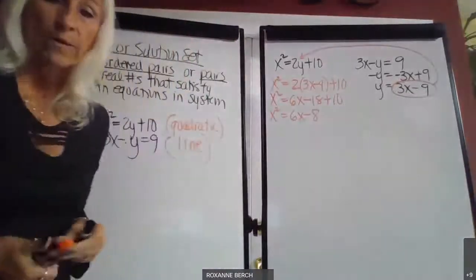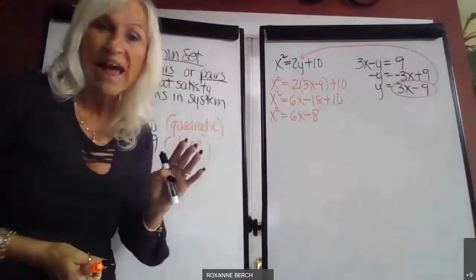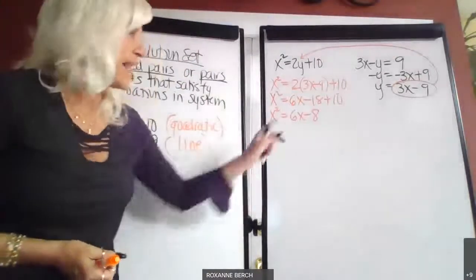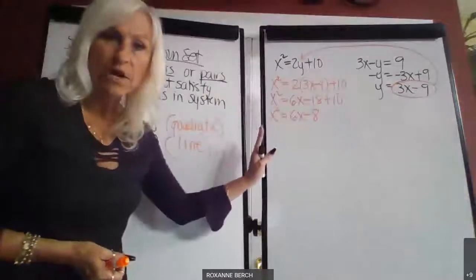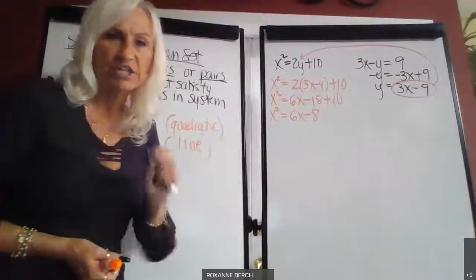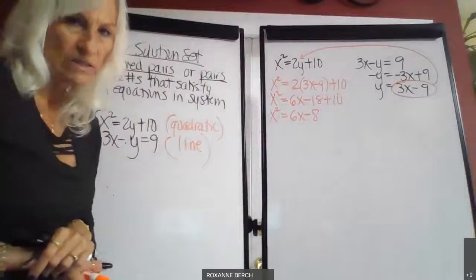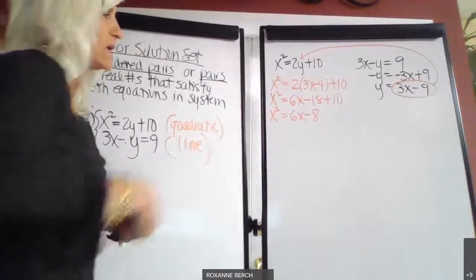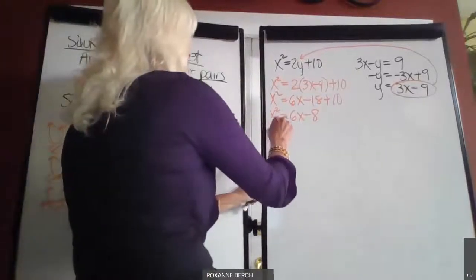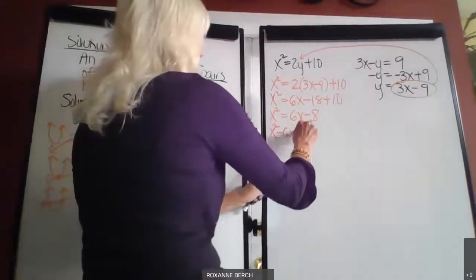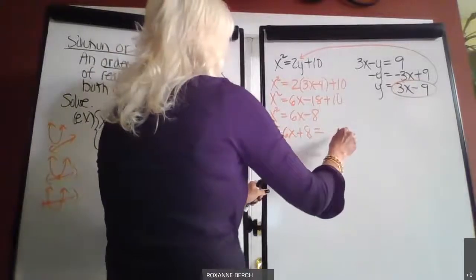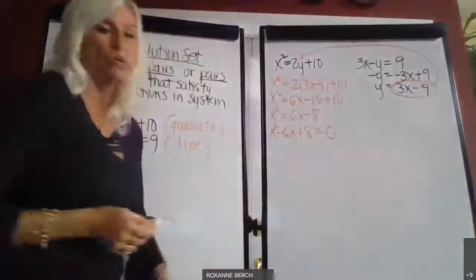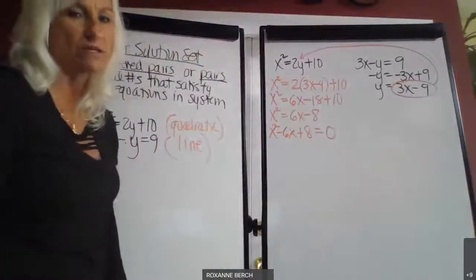Now, remember to factor, we have to set it equal to 0, and I'm going to put everything on the left because I want my leading coefficient to be positive 1. So you're going to subtract 6x from both sides. You're going to add 8 to both sides, and you're going to set it equal to 0 and pray you can factor.